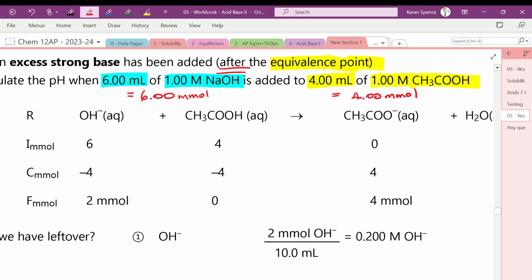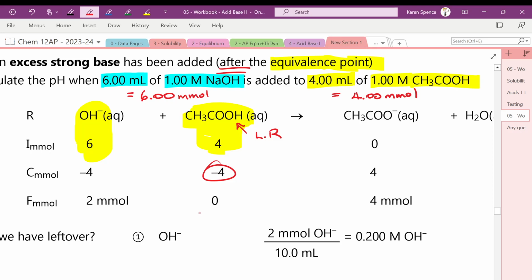Is that good? Okay. So start with 6 moles of OH. We start with 4 moles of CH3COOH. Who's our limiting reactant? Yes, CH3COOH is the limiting reactant, and therefore we use all of it up, -4.